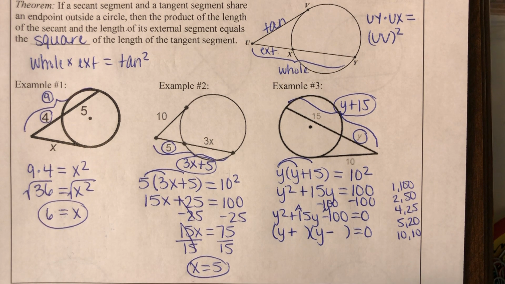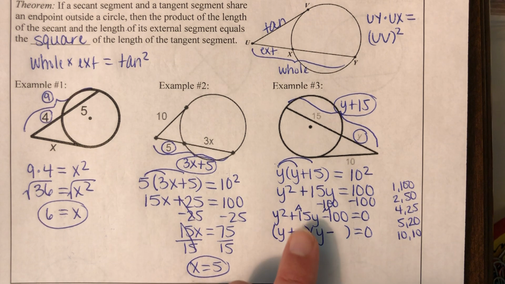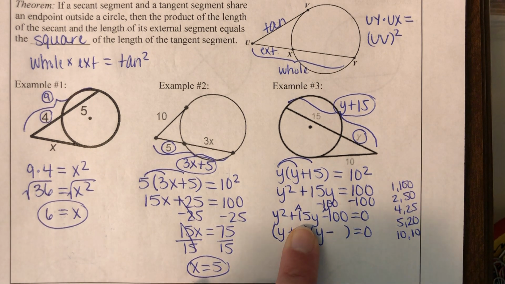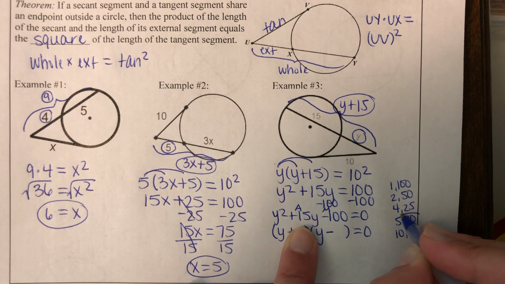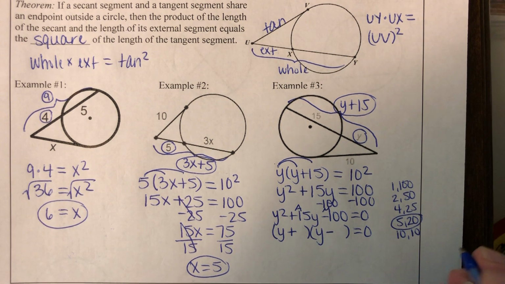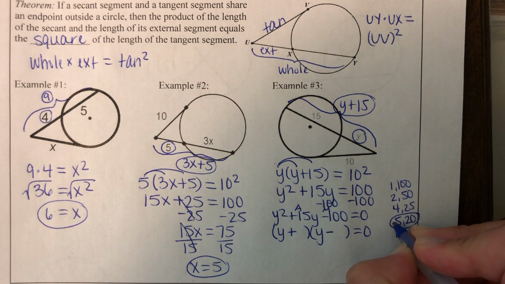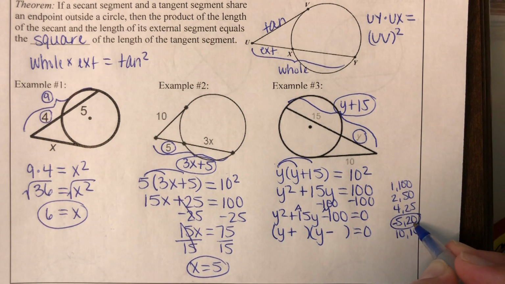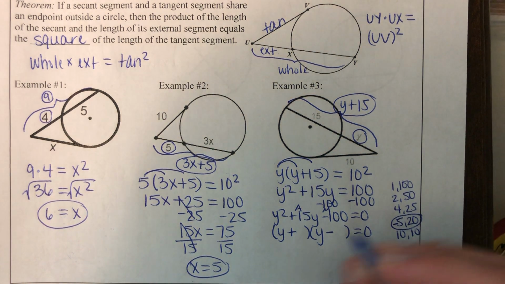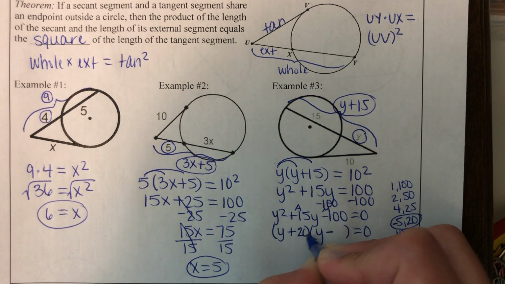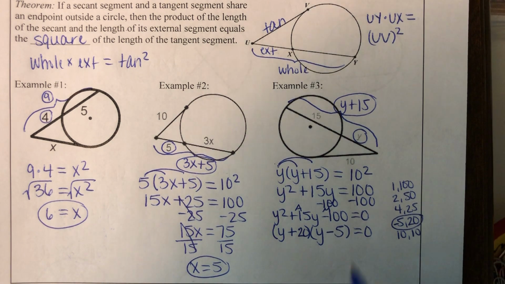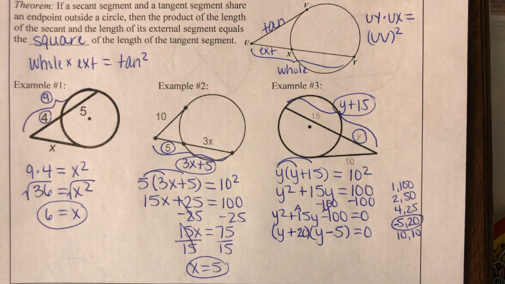So you want to imagine that one of them would be negative and they're going to need to add to 15. Well, that's looking like this guy if I were to make the 5 negative, because negative 5 plus 20 is positive 15. So the plus sign gets the 20, the minus sign gets the 5. That's how we factor trinomials.